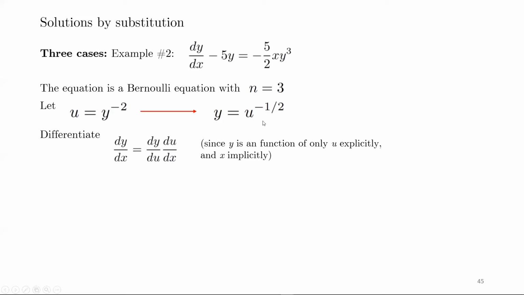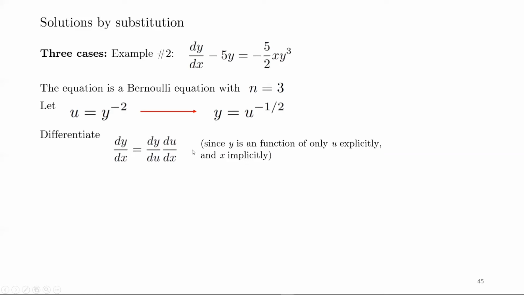Because y now is simply a function of one variable, but that one variable is a function of x, I can take the derivative of y with respect to x. So dy/dx is equal to, using the chain rule, dy/du multiplied by du/dx.